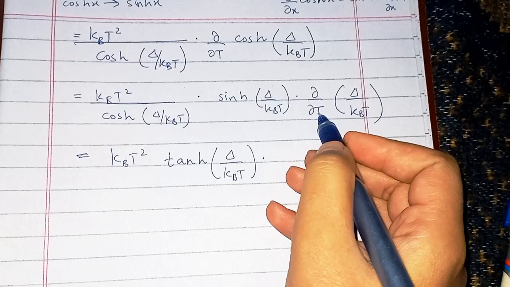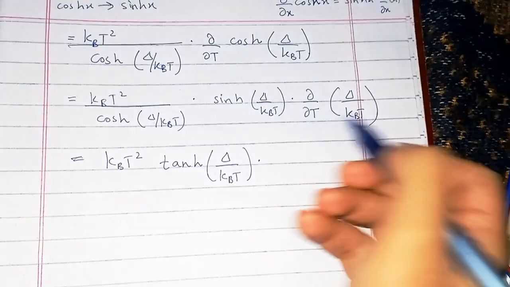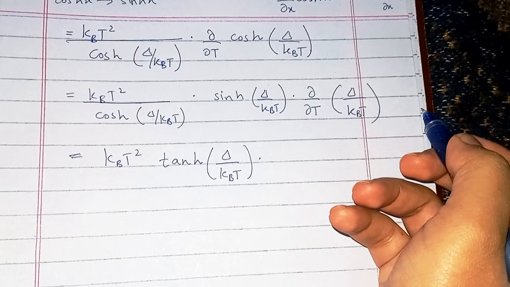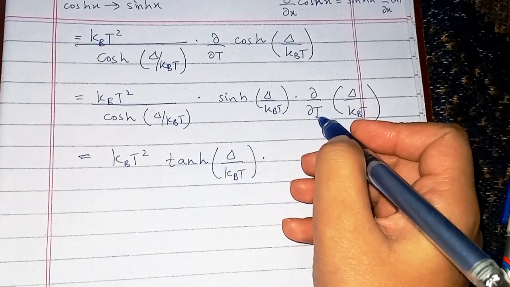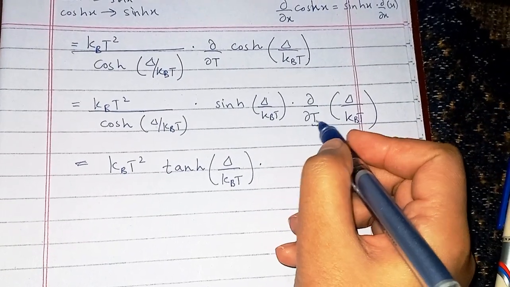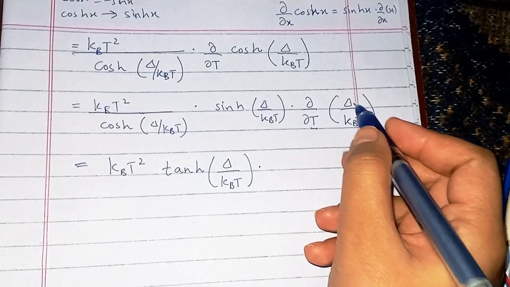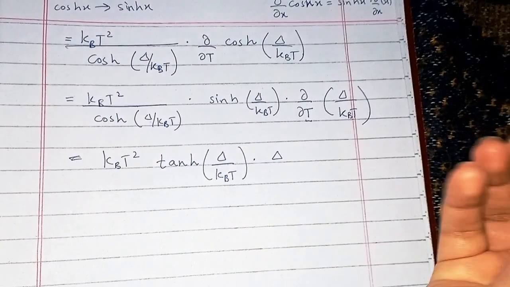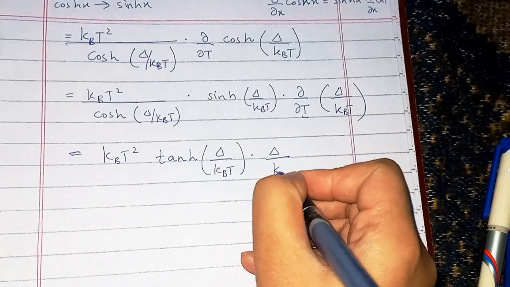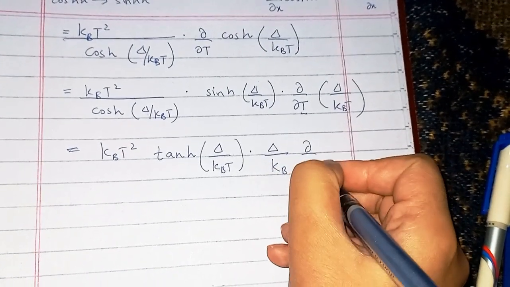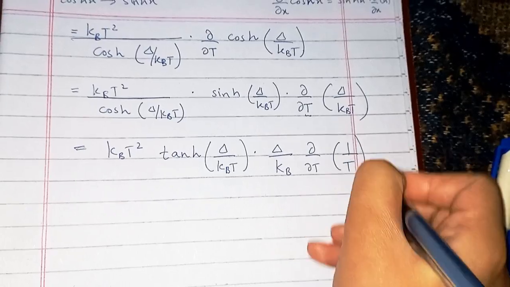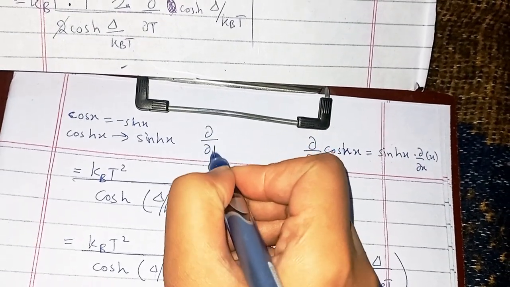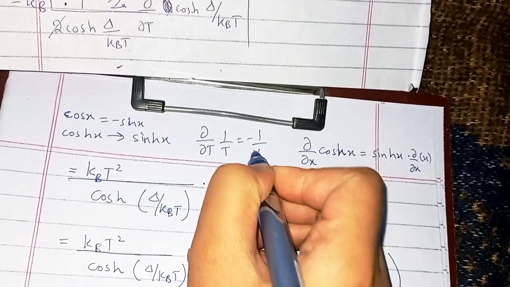Then we have partial derivative over this quantity, and it's the property of partial derivatives that it only considers those terms as variable which contain this thing. So only temperature will be taken as variable, and all other things will be treated as constant. So delta by kB will come out of the differentiation, and we will have derivative over 1 over T only, and derivative of 1 over T is minus 1 over T squared.